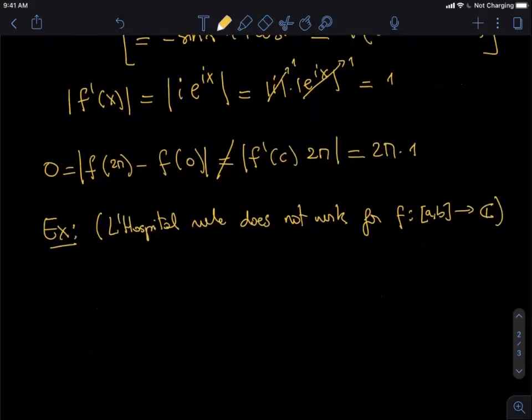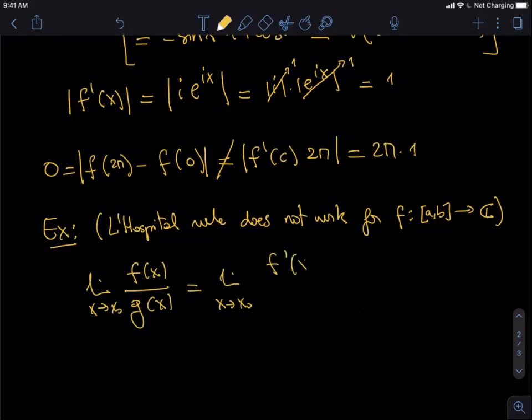Well, if you remember the way L'Hospital's rule was stated, it was like this: when x tends to something, let's say x0, the limit of the quotient of the two functions was equal to the limit of the quotient of the derivatives.